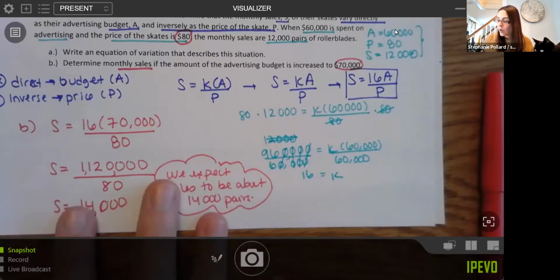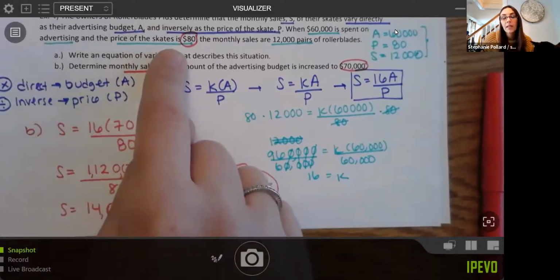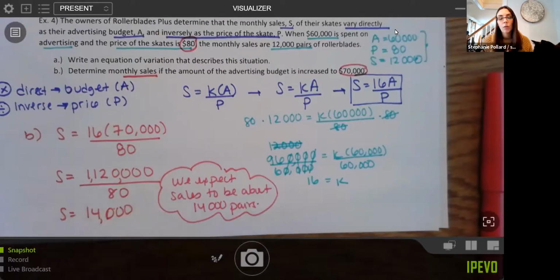So here's a case where our sales are determined by multiple things, by the price and then also by advertising. So the more we spend on advertising, we do see increased sales, but we also have to balance that with the price of the skates. If the price of the skates go up, then because it's a divided by item, then our sales actually go down overall as well. So we're trying to balance between those two features.